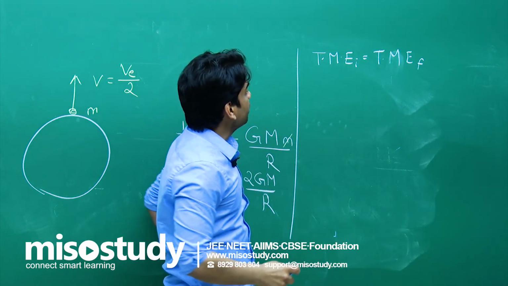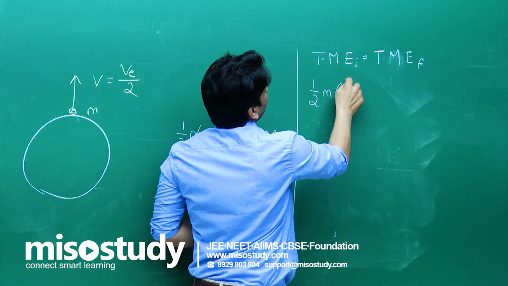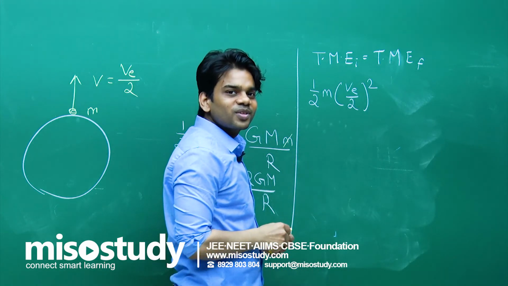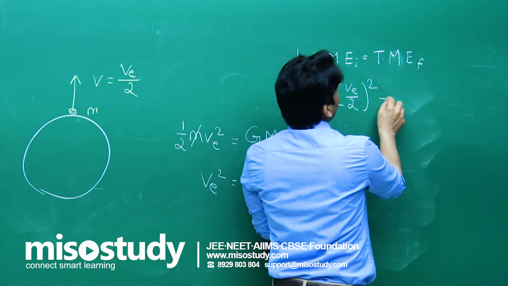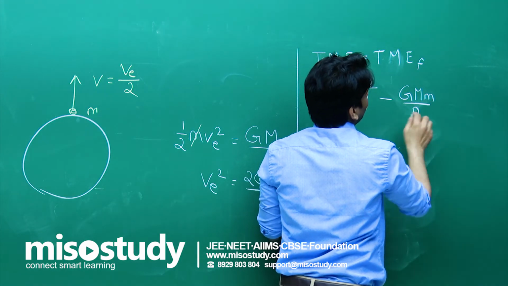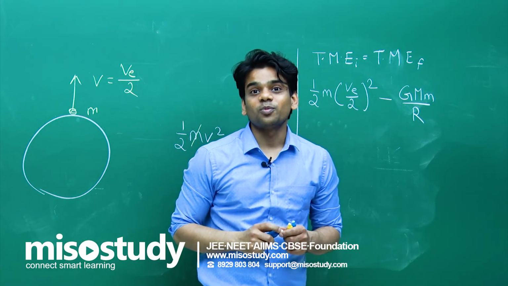Now for the total mechanical energy initial, it will be half m (v_e by 2) whole squared, that is the kinetic energy initial, plus potential energy, that will be minus GMm by R. This is what we know. At the highest point, we need to find out the potential energy.